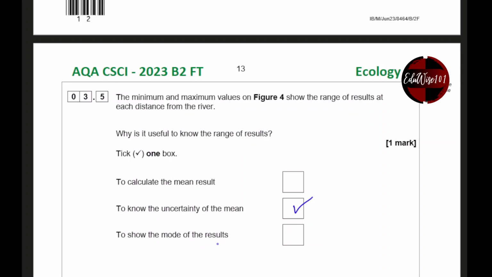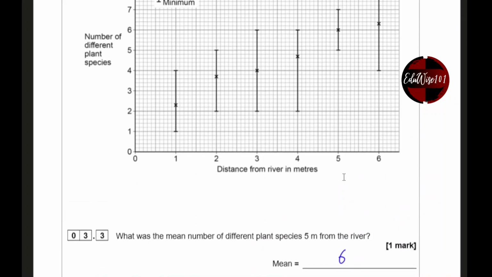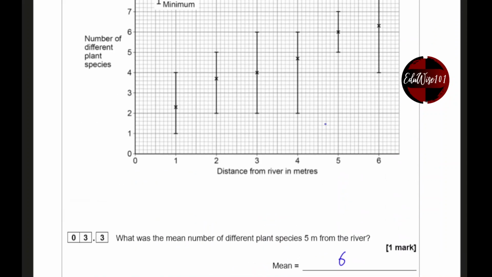To show the mode of the results, the mode would be in the middle. The uncertainty of the mean basically means, well, we've calculated the mean, for example, at 4 meters, to be a mean number of plants of about 5. But the highest number was 6 and the lowest number was 2.